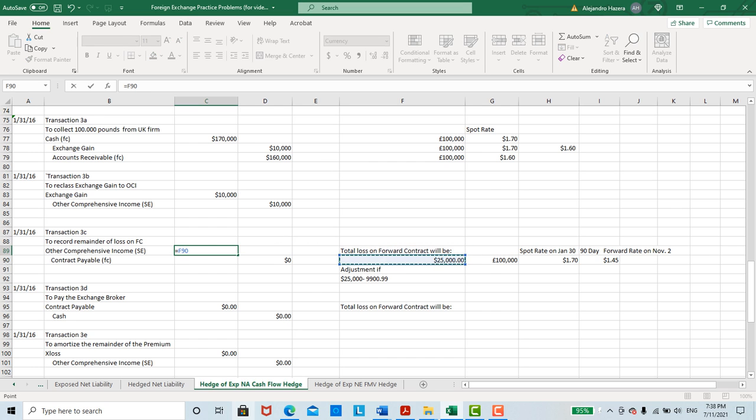We have to take your total loss, which is the amount you lost. The forward contract, because it's payable, ends up losing you 25 cents. You have to give up 100,000 British units of foreign currency, which are worth 25 cents more than they would have been. Or you could say it costs you 25 cents more to get a hold of it, but you're giving up something more of value.